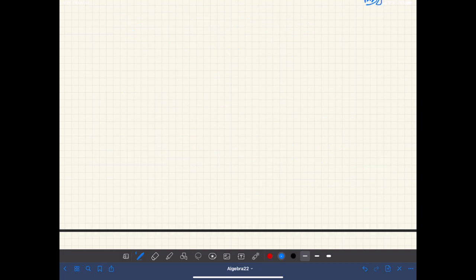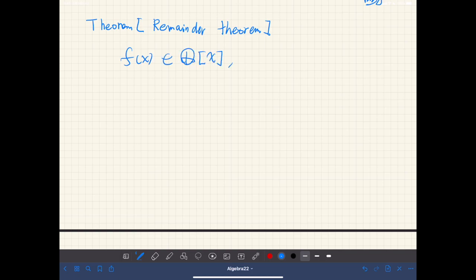The next theorem is called the remainder theorem. Okay, that says suppose we have a polynomial f of x and a rational number c.